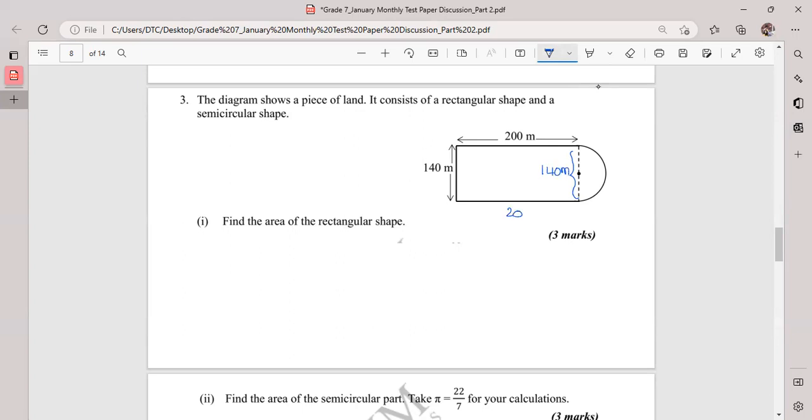This becomes 200 meters, right? So then here, the radius R will be 70 meters, right? I will take it. Then the radius will be 70 meters.